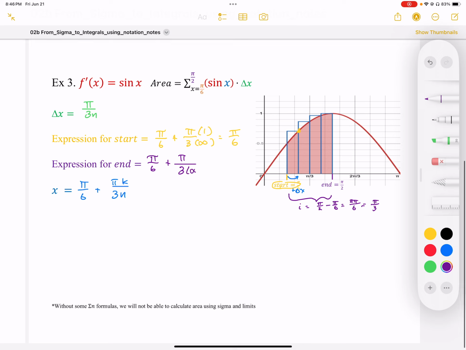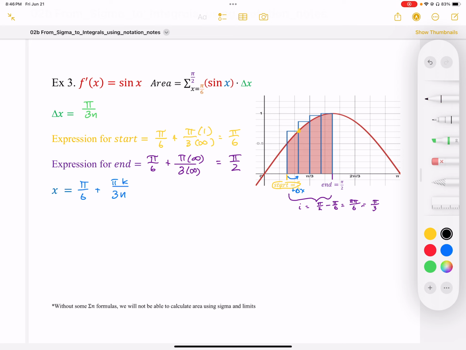So this is 3 times infinity, like that. And since those are both linear terms, they cancel out. So I end up with pi over 6 plus pi over 3, which gets me to the n value, which is pi over 2. Okay, so I'm just confirming that I have the right start and end bounds. I have the right expression for x.